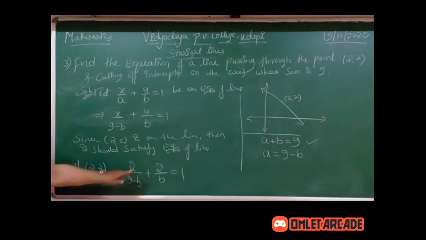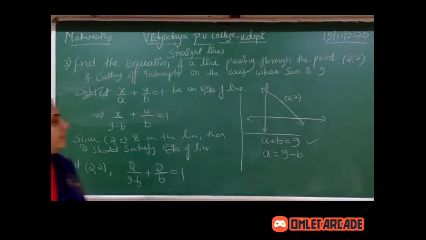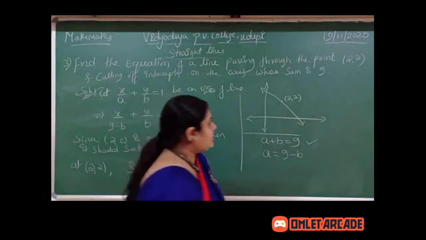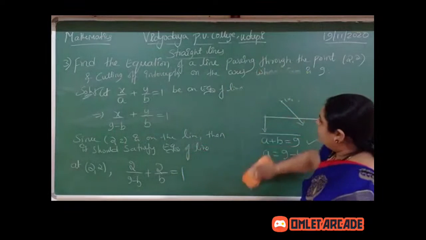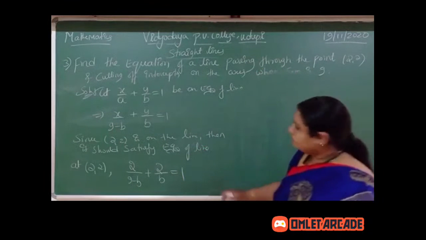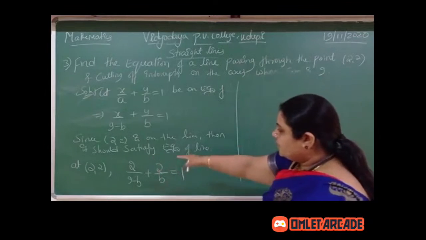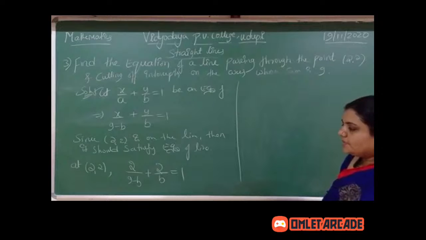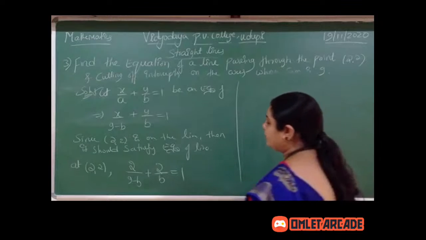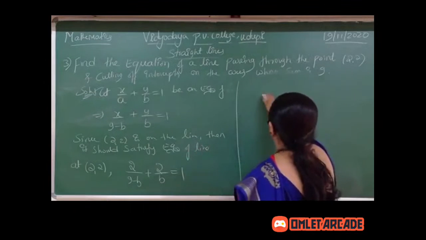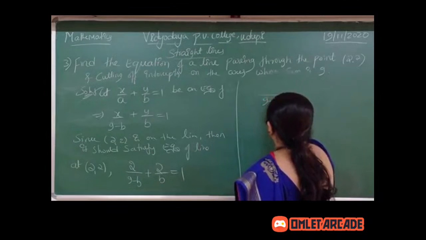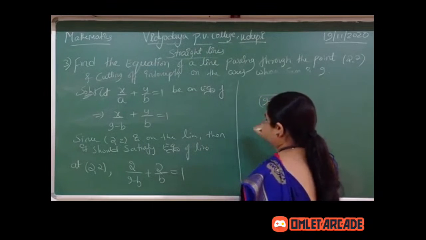So substitute x value 2, y value 2. Now we have the equation. We'll solve it. I hope you have written this. This is very important. So at (2, 2), 2 by (9 minus b) plus 2 by b is equal to 1. We'll solve this. Take the LCM, (9 minus b) into b.